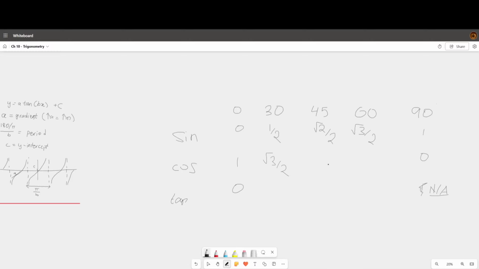This should be root 2 by 2. And then this should just be 1 by 2. Yep. And then this is the division, which is 1 by root 3, or root 3 by 3. Yep. This is just 1 because they're the same thing. This should be the opposite value, which is root 3, or 3 by root 3.